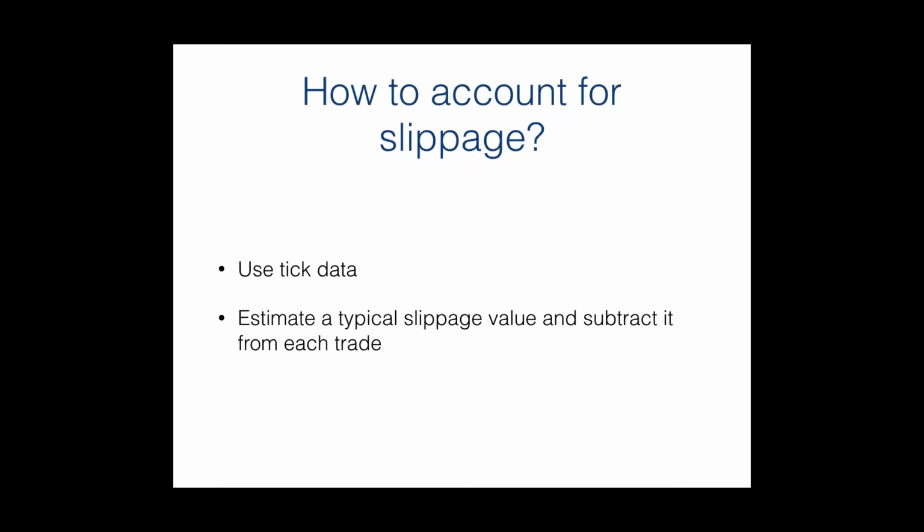It's much easier to simply subtract a certain value from each trade's profit or loss to simulate slippage. In the roughest approximation, we can use a constant value. If we want to be more precise, then of course we should use different values for slippage depending on different market conditions.